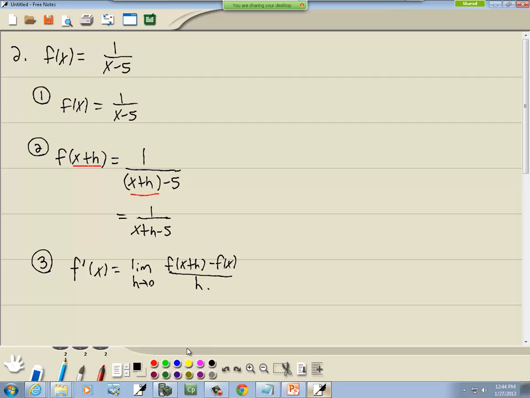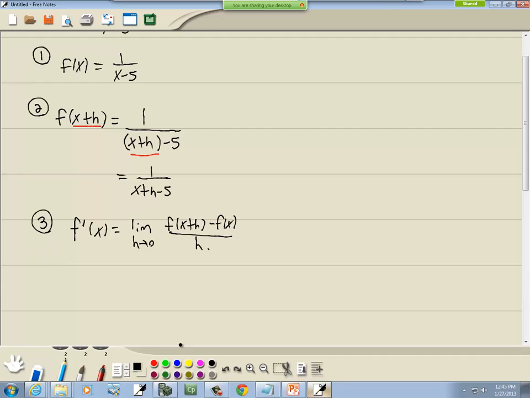So again, our goal is to get rid of that h. So we have the limit as h goes to 0 of f of x plus h, which in step 2 we said was 1 over x plus h minus 5, minus f of x, which from step 1 we said was 1 over x minus 5, all over h.